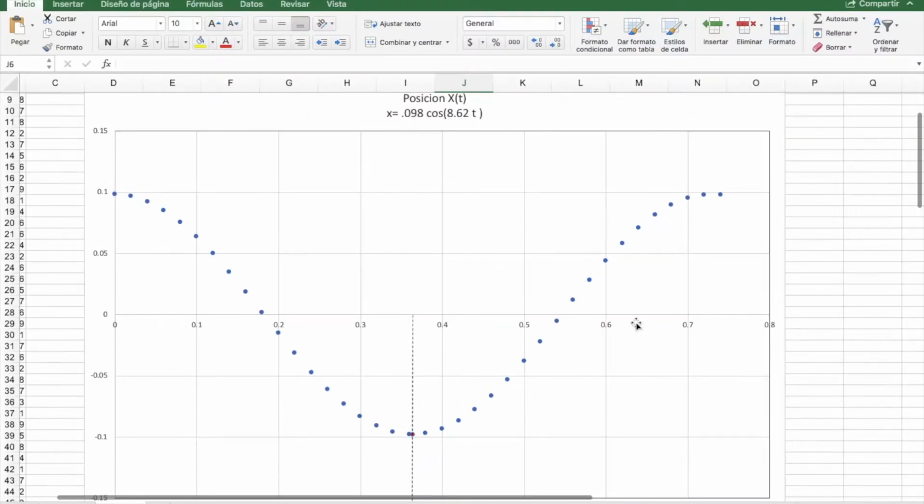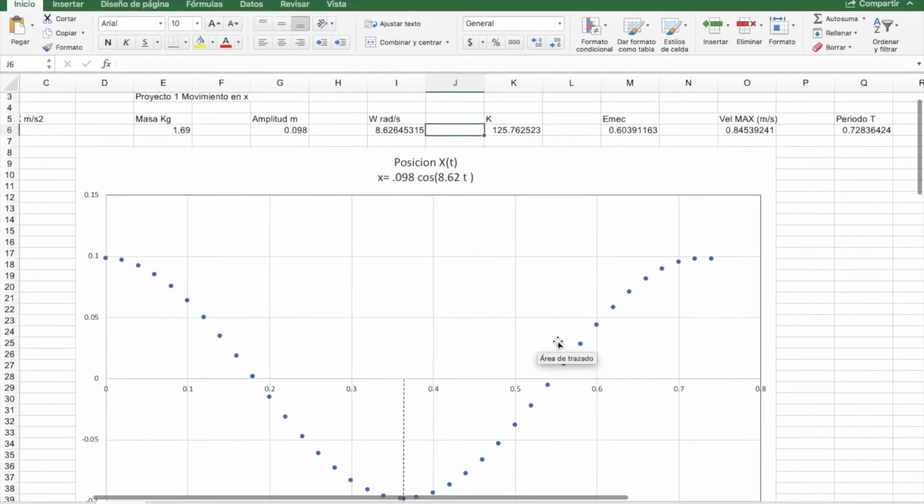Now, just to identify all the factors in our graphs, we are going to see here how our graphs are built. As you can see, this is the graph of position, this is the amplitude, and this is the time and the recorded time.